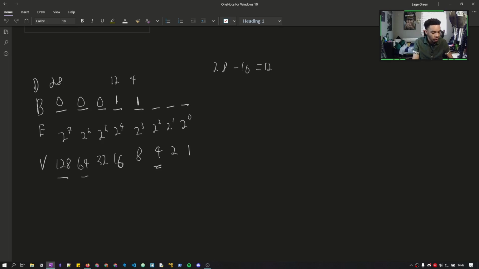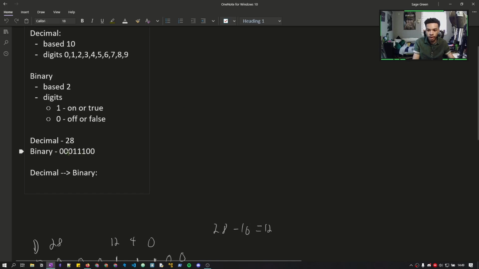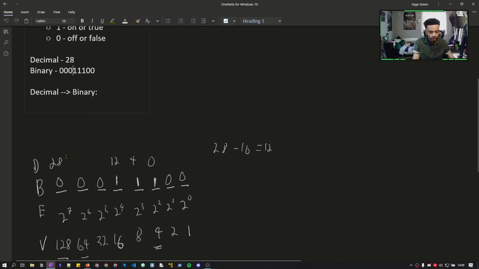We subtract that and we get 0, so we put a 1 here. Now we don't have any numbers left, so we fill the rest in with zeros. That's how we got 0, 0, 0, 1, 1, 1, 0, 0. So these are the same number, 28 right here.